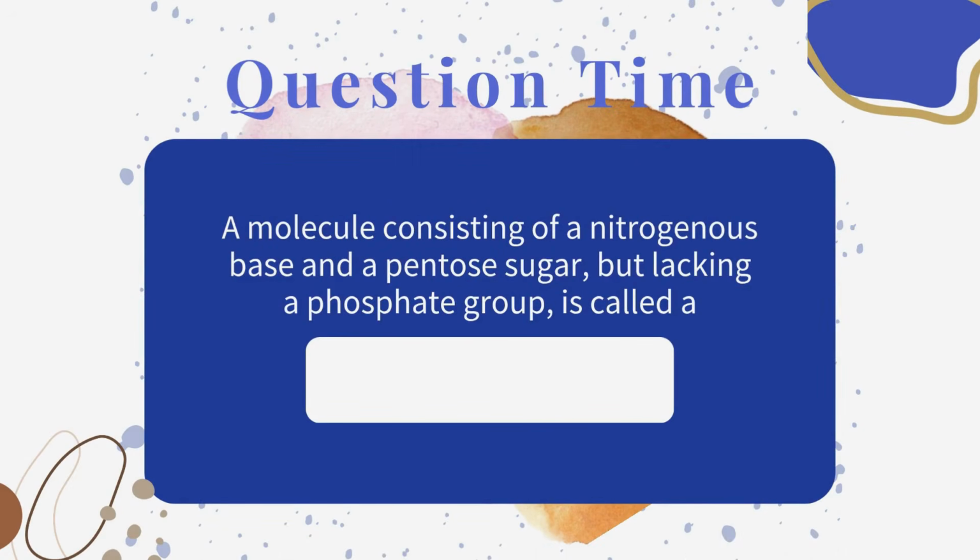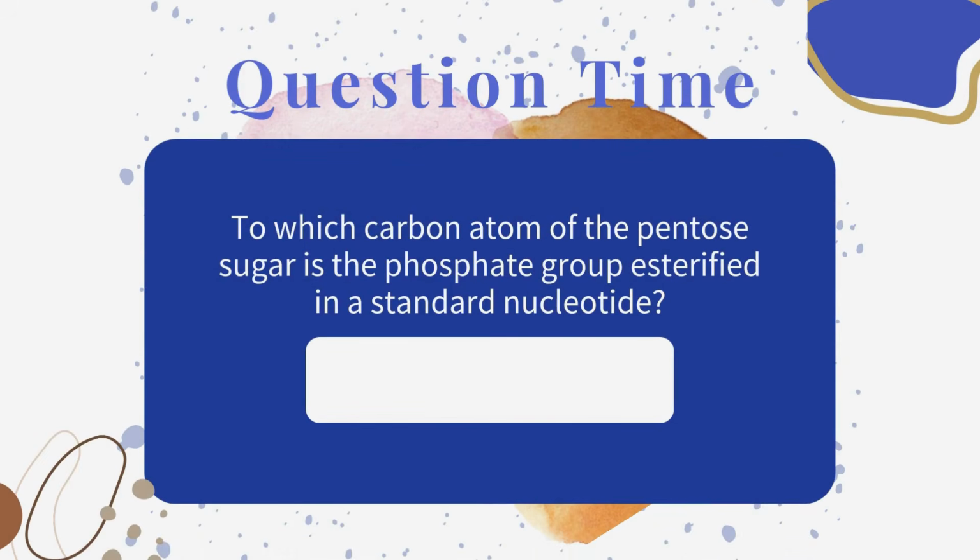A molecule consisting of a nitrogenous base, pentose sugar, without a phosphate group is called a nucleoside. To which carbon atom of the pentose sugar is the phosphate group esterified in a standard nucleotide? 5' carbon.